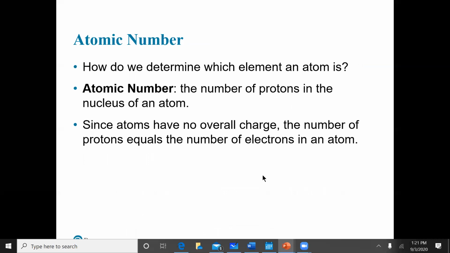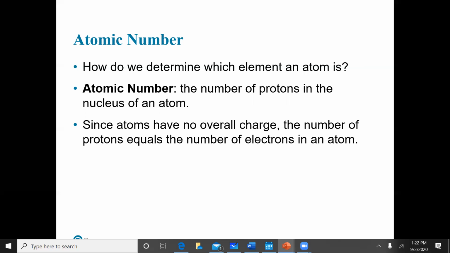So the atomic number, how do we determine which element an atom is? So let's say I have an atom and it has 6 protons floating around in it. That would be its atomic number. The atomic number is the number of protons that lie within the nucleus.